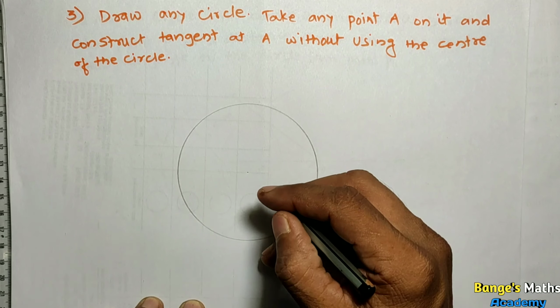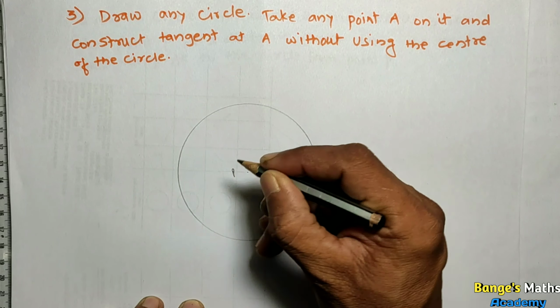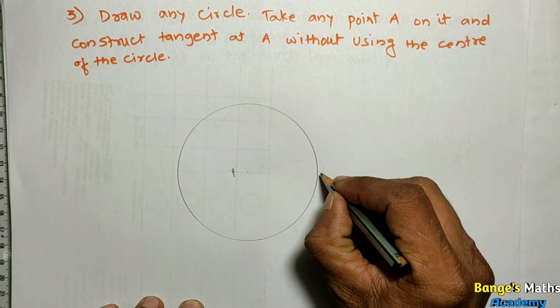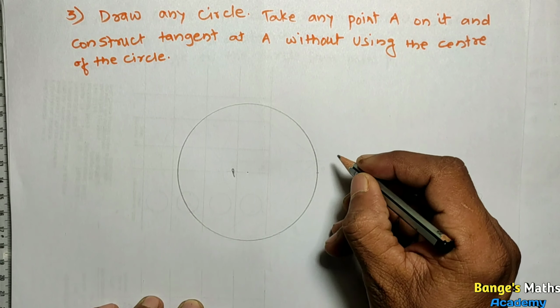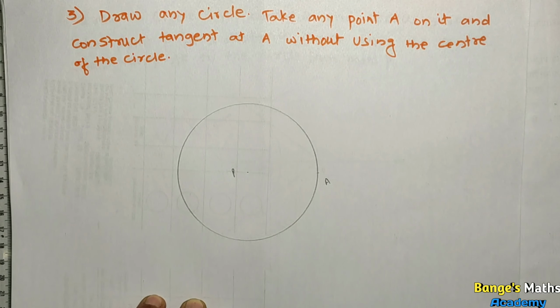Center of the circle P. Take any point A on it. Take point A on the circle and we have to draw tangent at A without using the center of the circle.